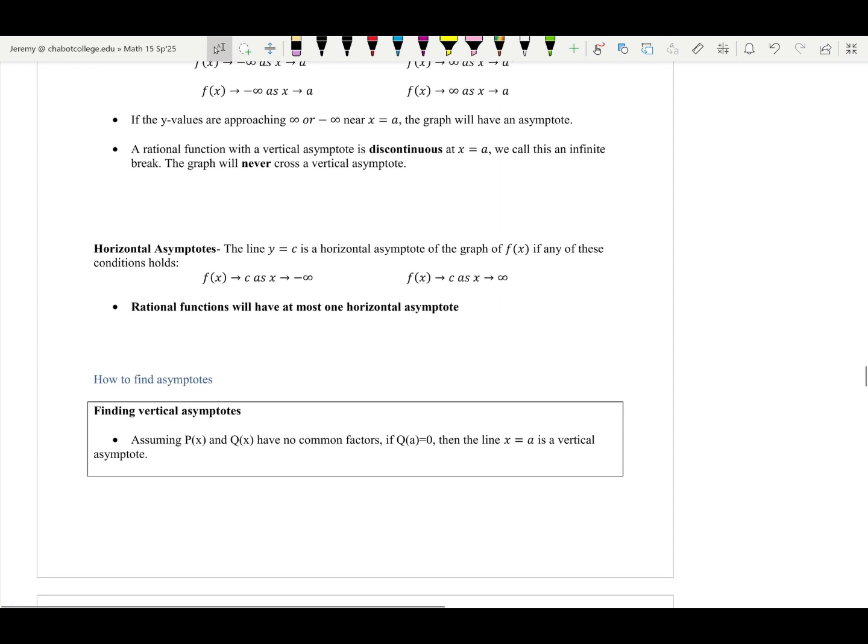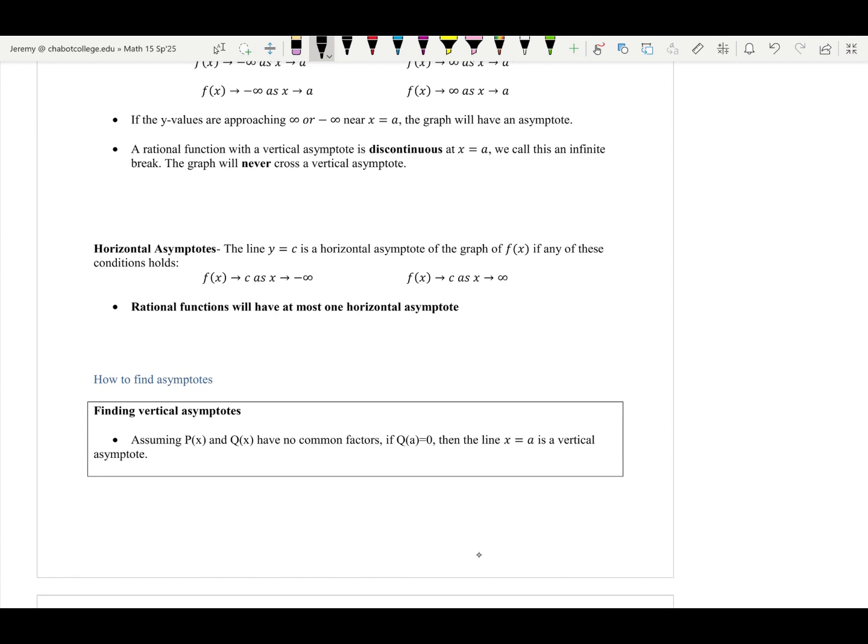Let's talk about horizontal asymptotes. So I kind of alluded to this in that last example. The line y equals c is a horizontal asymptote of the graph of f of x if any of these conditions hold. If f of x approaches c as x approaches negative infinity, or if f of x approaches c as x approaches positive infinity.